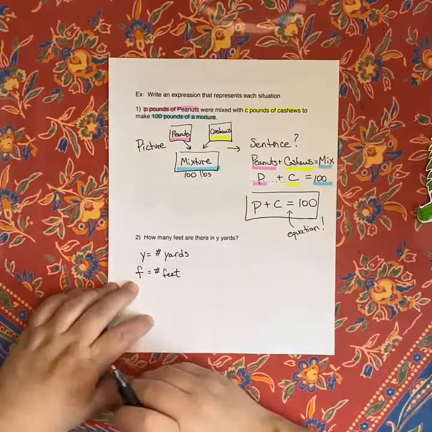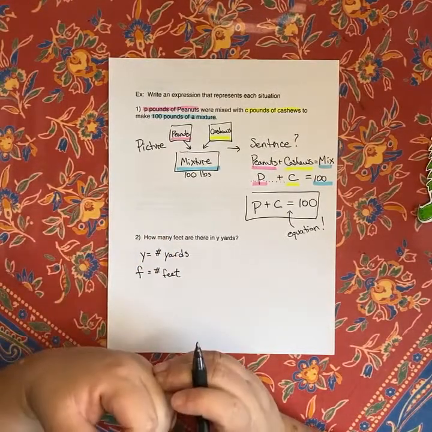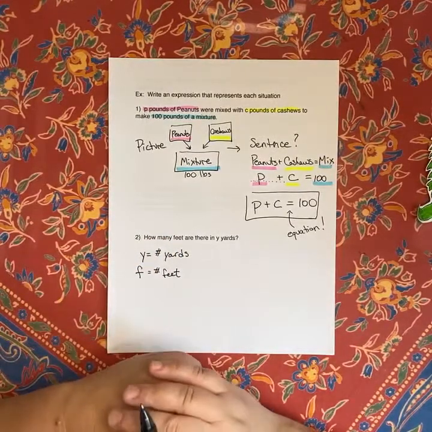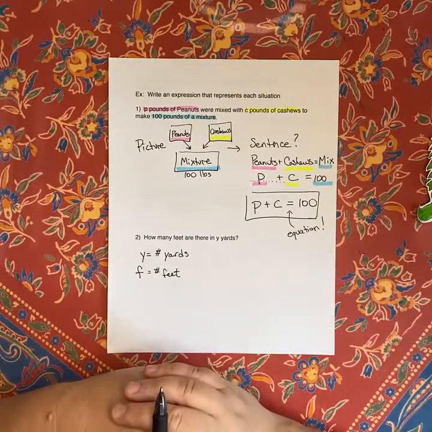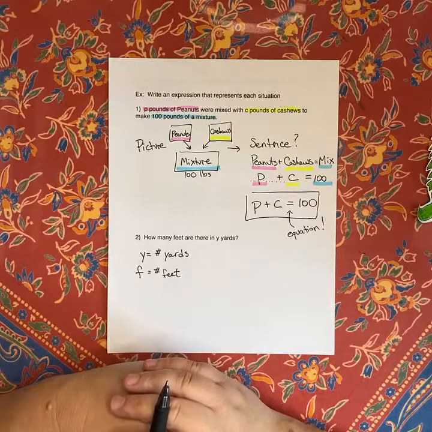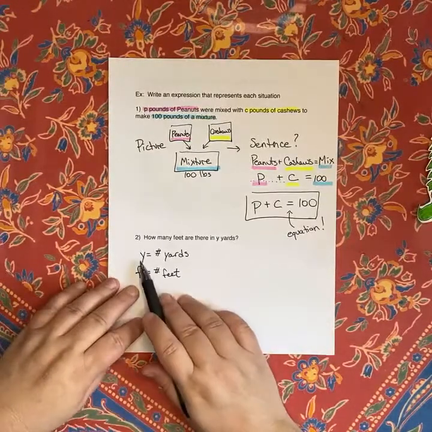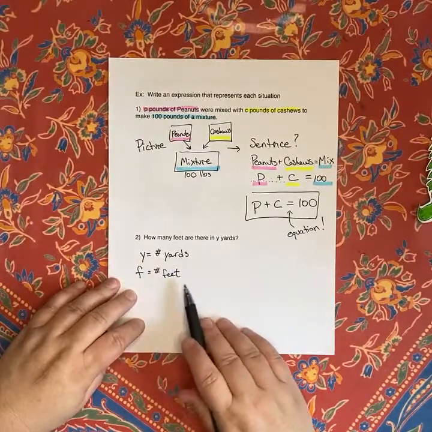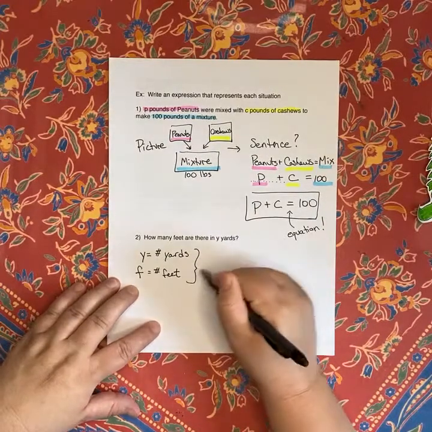Yes, unless your name starts with an O, because it looks like 0, or an E, because that's already a something in math, or an I. That's already something in math. Plus, you can't use Greek letter pi. Pi, that's no good. But the other letters, absolutely. So I've got Y equals the number of yards, F equals the number of feet. This is declaring.